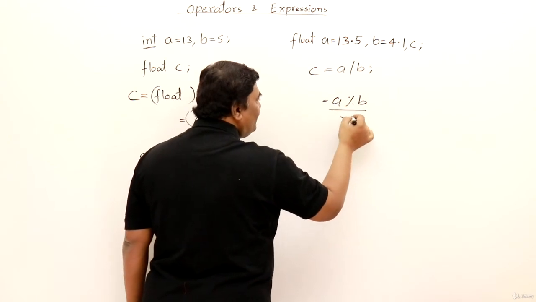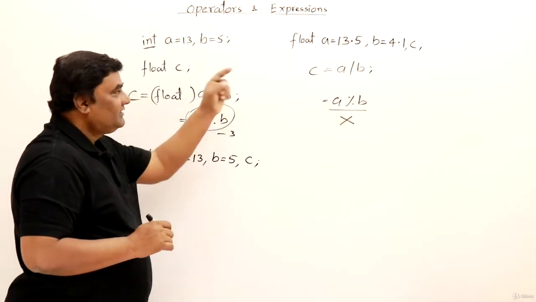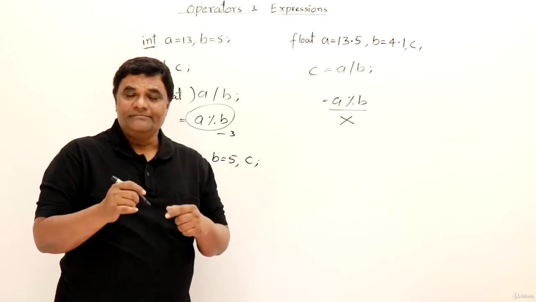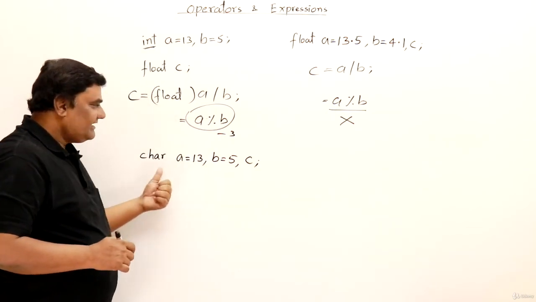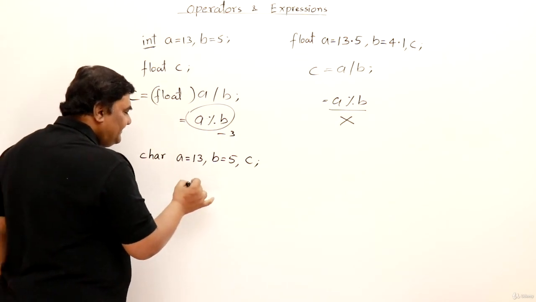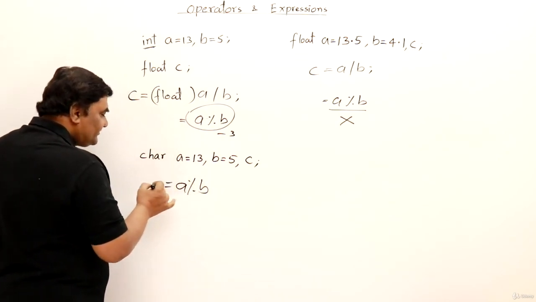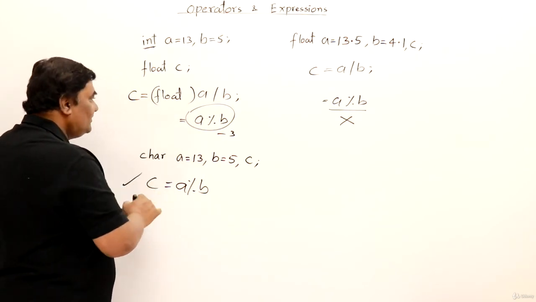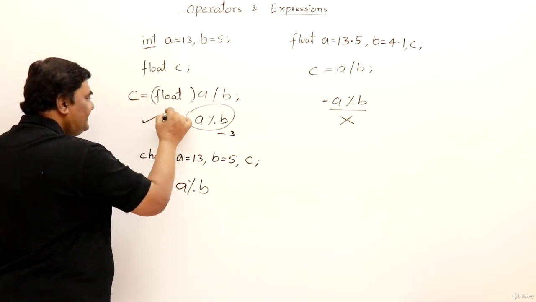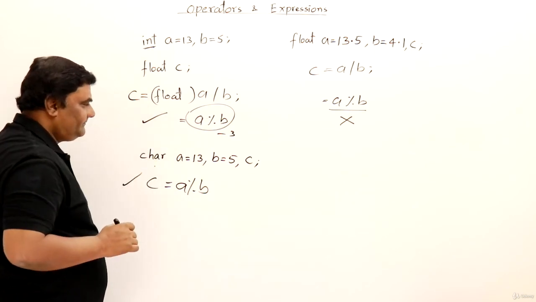No, we cannot perform mod operation on float number, right? This you must know. Then I have one more data type here, that is character type. Suppose I want to perform a mod b and store the result in C. Is it allowed on characters? Yes, it is allowed. So mod is allowed only on integers and characters.